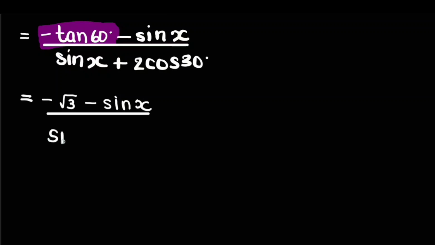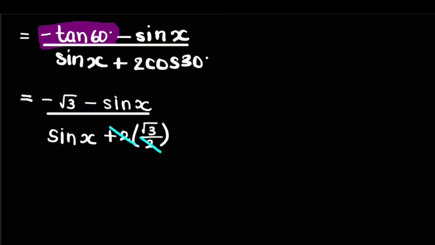In the denominator, we have sine x plus 2 cos 30. Now, cos 30 degrees is square root 3 over 2. What happens here is that the 2 in front and the 2 in the denominator cancel out.